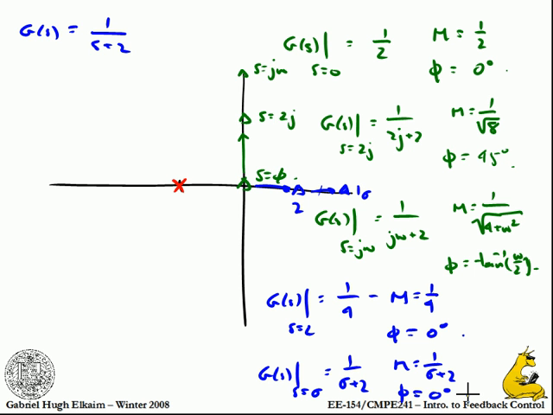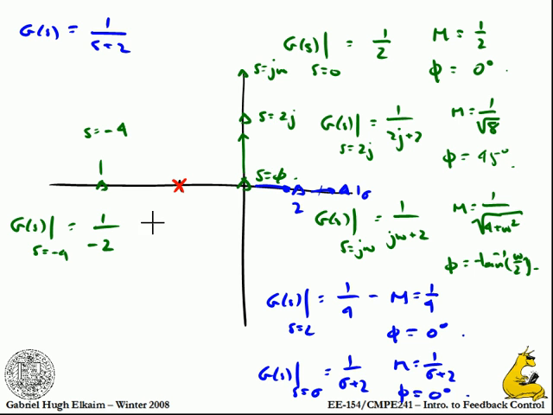Let's look at this spot out here, s equals minus 4. So here I've got G of s evaluated at s equals minus 4 is 1 over minus 2.